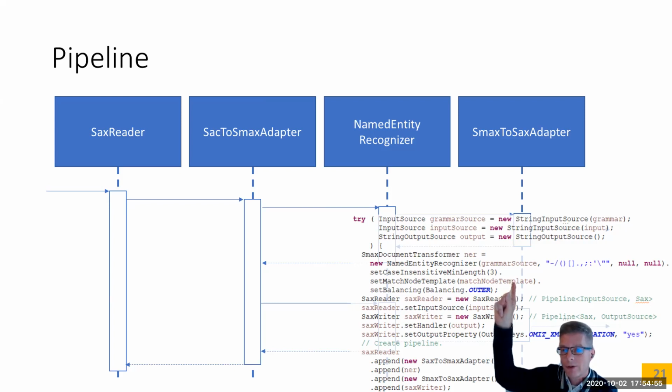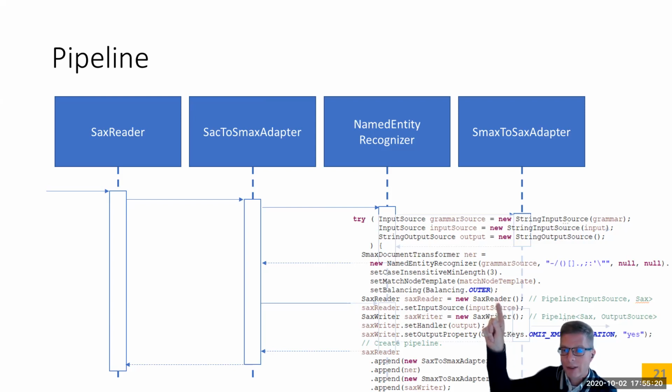And that's because this is part of one of the unit tests that I've made for SPEAT and SMAX. It has some other parameters. We can set some attributes like case insensitive, min length, match node template, which is an XML template that is inserted for every recognized named entity. And then we set the balancing strategy to outer.